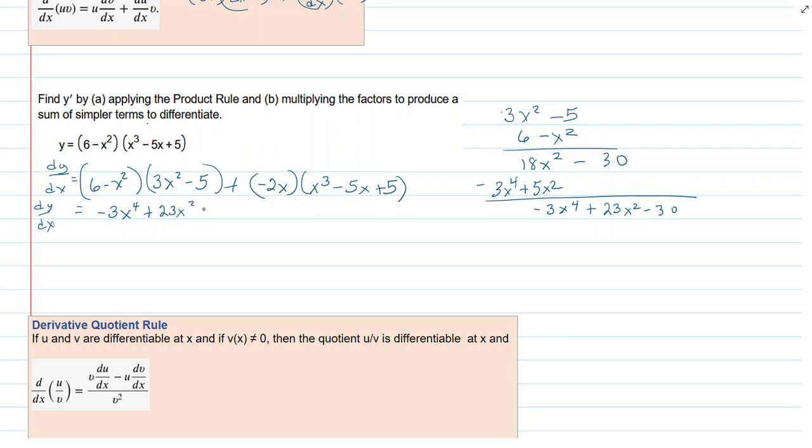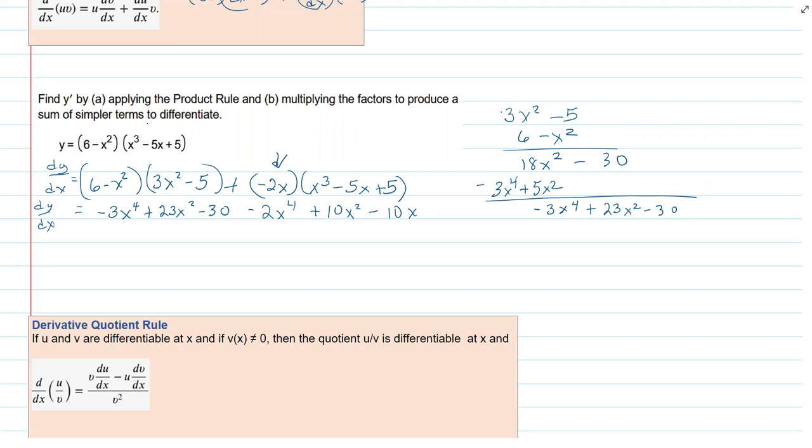I don't know how the computer wants it, but because this is a single term that I have to distribute, I'm pretty sure we have to do math because it's probably going to all combine a little bit. So this is going to be a negative 2x to the 4, a positive 10x squared, and a negative 10x. Does everybody agree with that math?